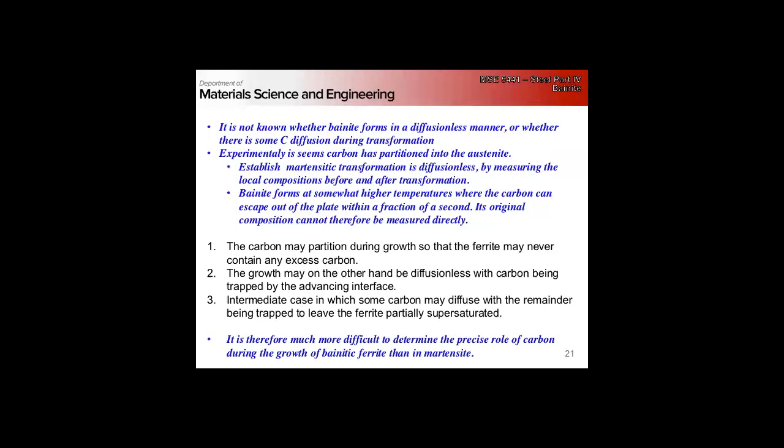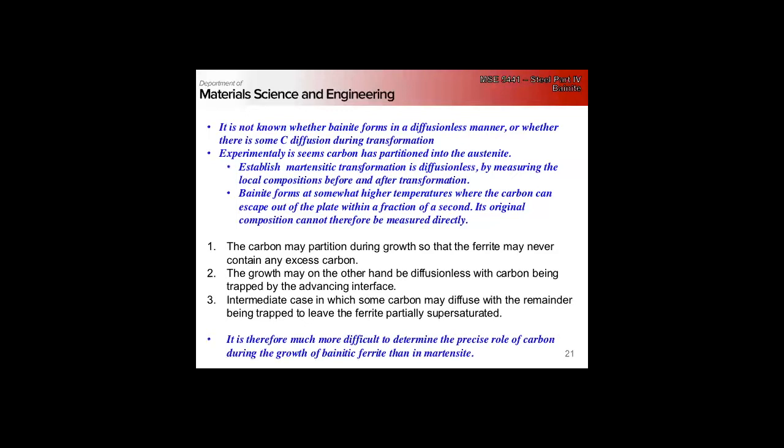Because at that point we are quenched down low enough that we know we're not going to have significant carbon diffusion. But since bainite forms at a higher temperature and the growth rate is not instantaneous, the carbon can escape, and the plates are so small, the carbon can escape out of the plates in a fraction of a second or so. So we can't measure the original composition at which it forms.